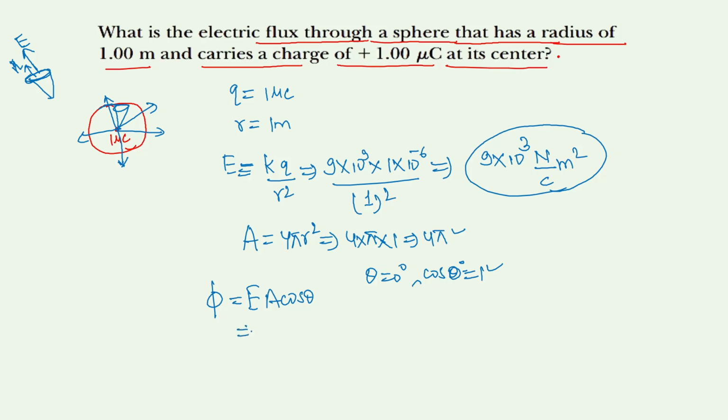So cos theta is equal to 1. On putting the values, we get 9 into 10 to the power 3 Newton per coulomb, into the area, which is 4 pi meter square.